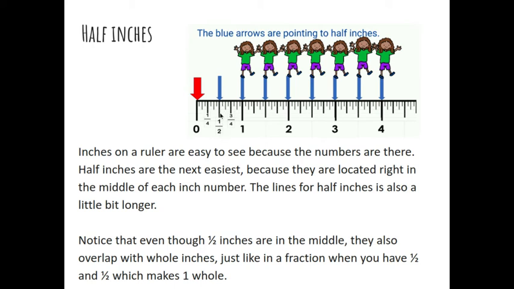The line is a little bit longer for each half inch. Also notice that the blue arrows are pointing at the regular whole inch numbers too. They overlap with whole inches, just like in a fraction when you have 1/2 and 1/2 making a whole.